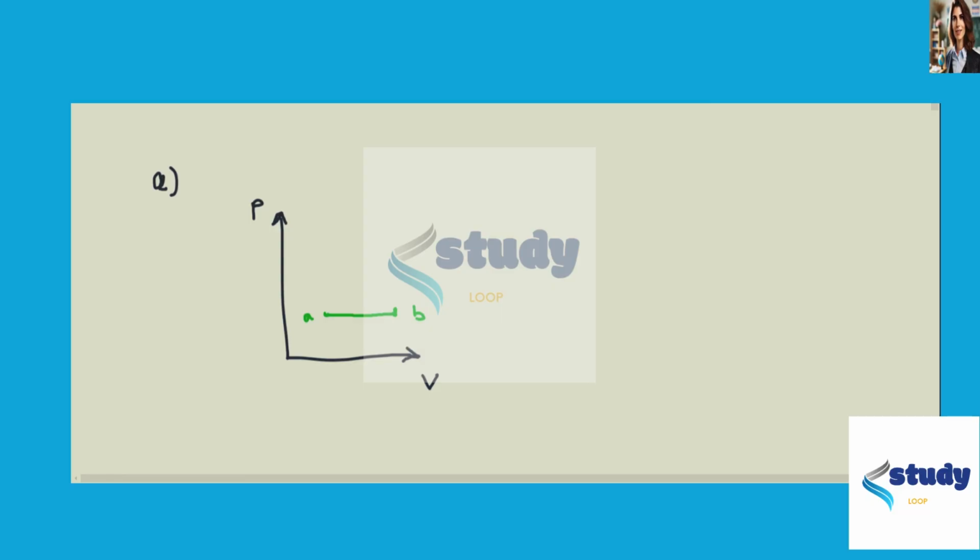Next, for the second part of the process, it will be from the point B to the point C. And in this case, the volume will not change, but as given in the problem, only the pressure will increase. It will be compressed. So this will be a straight vertical line. And this is the point C. Next, from the point C to the point A, both pressure and volume will decrease simultaneously.